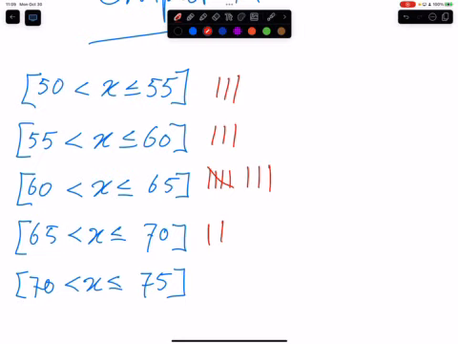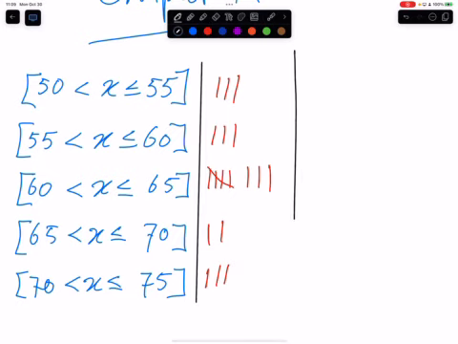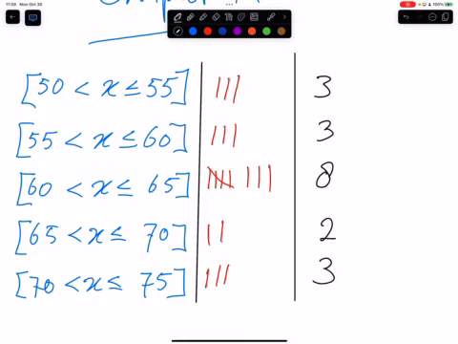Two people, and then the rest, 70 to 75. It's 1, 2, 3, 3. That's it. And then you have 3, 3, 8, 2, and 3.